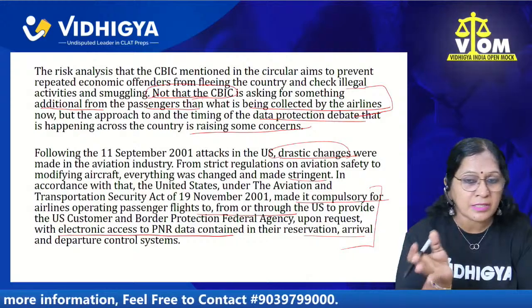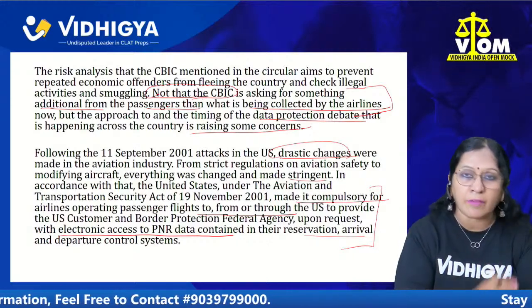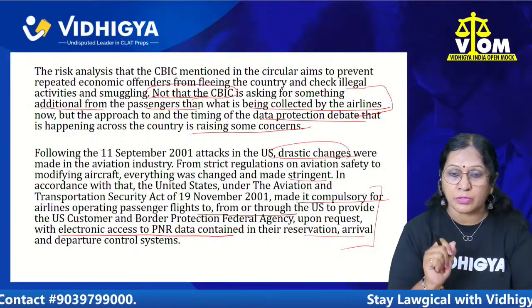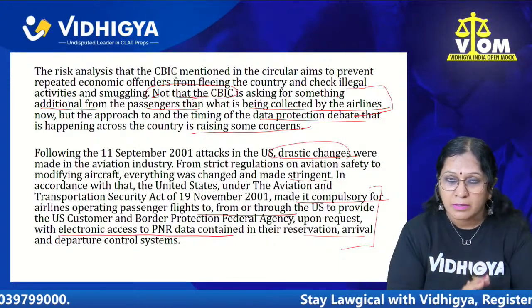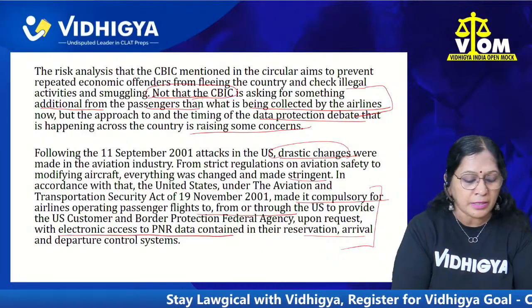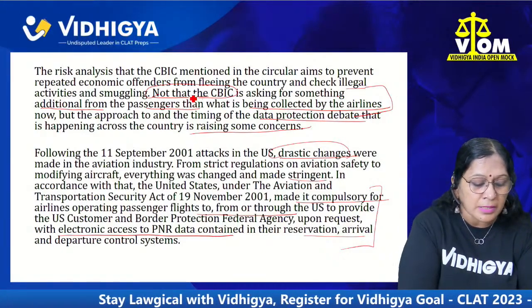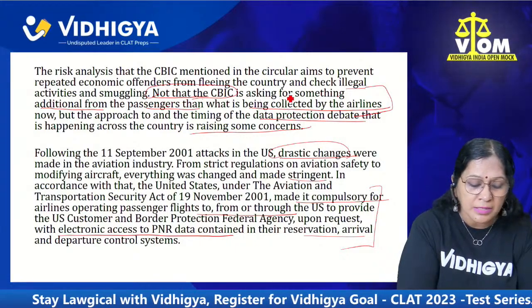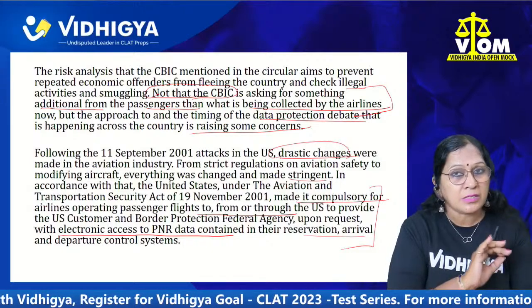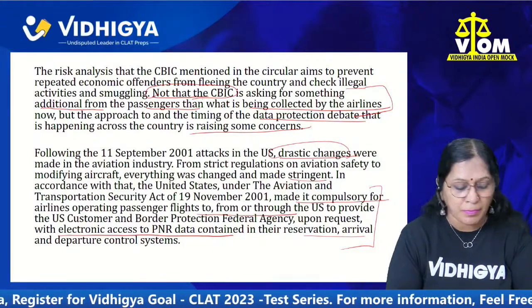When you're taking the test, you go back to the passage and read half the sentence, because in a hurry, time is running out, and you think there isn't much time in the test. But read very patiently. What it is saying is that not that the CBIC is asking for something additional from the passengers. That means the CBIC is not taking anything additional from the passengers.